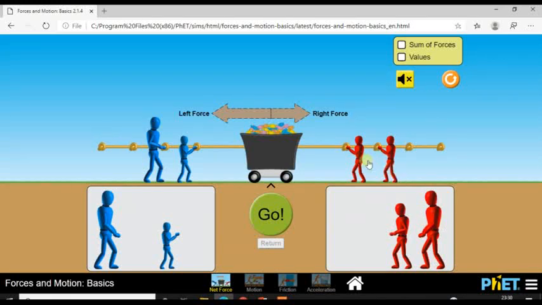Now let us see their values. Look at the left side, the force applied on the cart is 150. The right side is 100. Now let us see who will win.